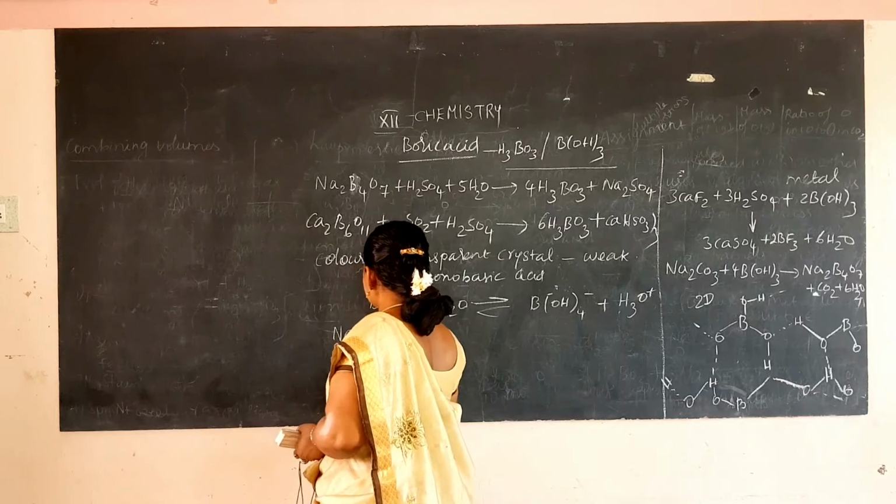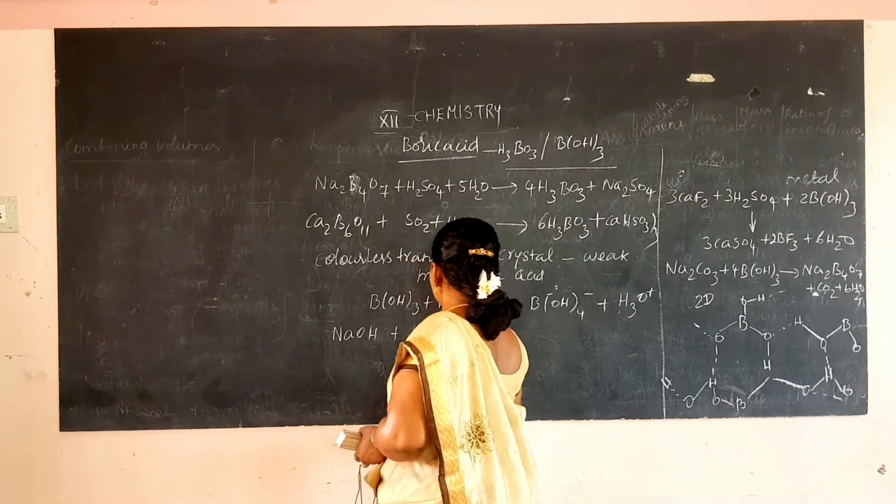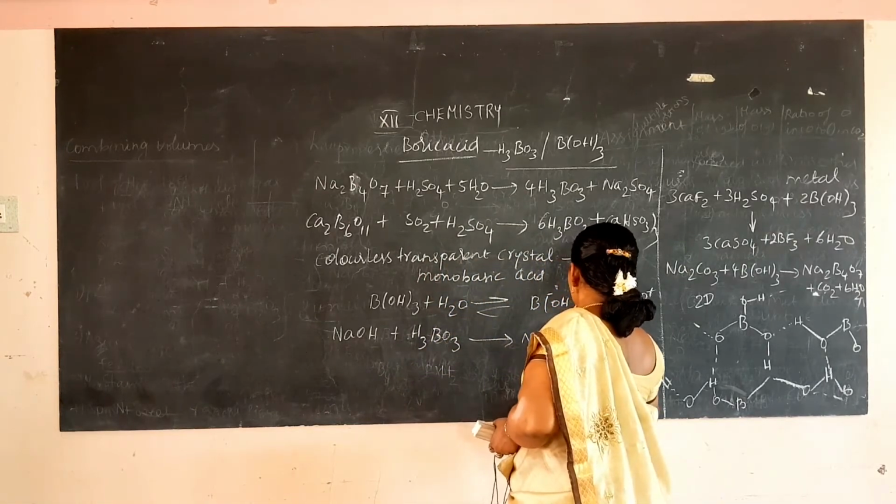So sodium hydroxide, when it is treated with boric acid, H3BO3, gives sodium metaborate plus water.